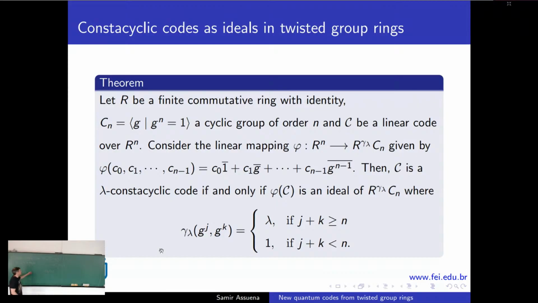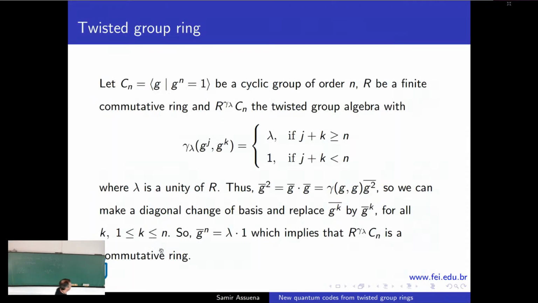When we are just looking at this new ring, we can describe special kinds of codes using the structure of the ring. Okay? First, in this case, we can just replace the powers of G, G^k bar. We can replace these elements by G bar to the k, and we have a different basis for this ring.